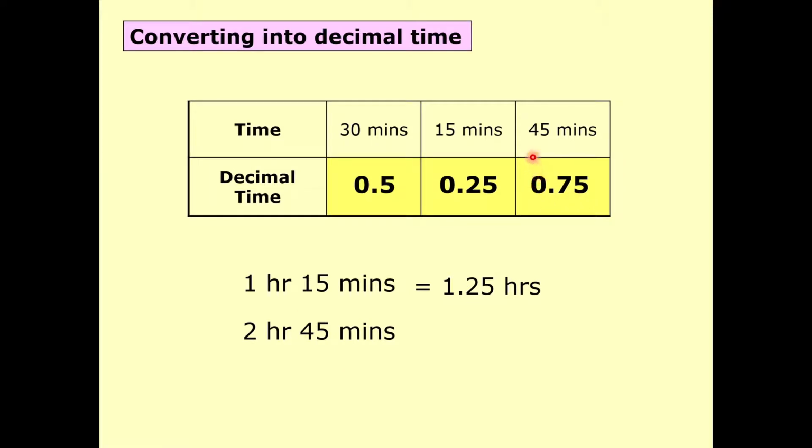We then just add on our 2 hours to get 2.75 hours. And last little example, 5 hours and 30 minutes. 30 minutes as a decimal is 0.5, and we just add on our 5 to get 5.5 hours. Can you make sure that you copy this down in your books so you've got this to refer back to?